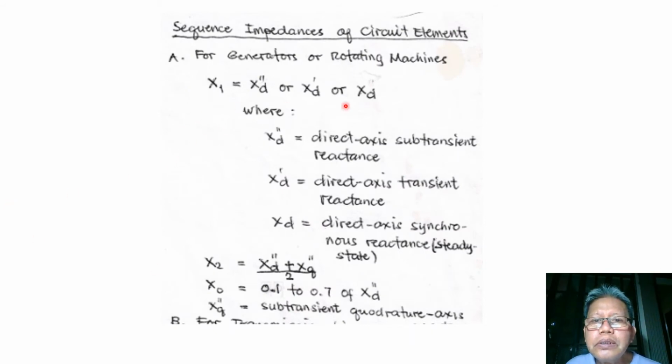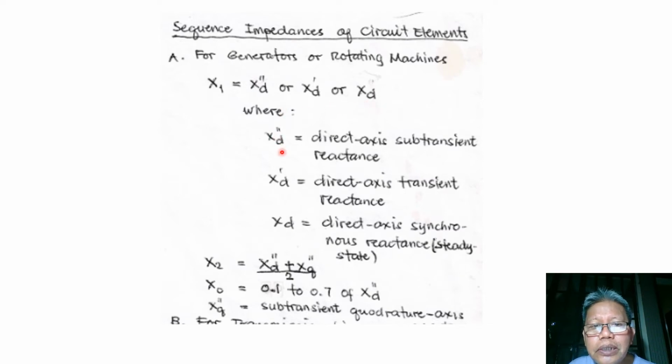Now, sequence impedances of the circuit elements. Our circuit elements like generators, transformers, and transmission lines may exhibit different impedances to the positive, negative, or zero sequence currents. For generators or rotating machines, including synchronous motors, we have the positive sequence reactance X1, which can be XD double prime, XD prime, or just XD.